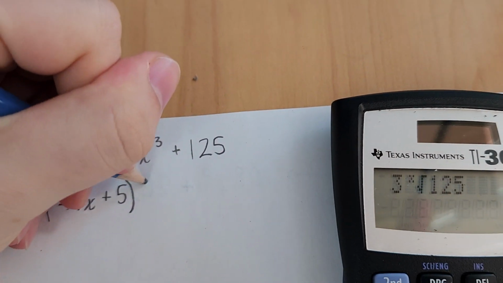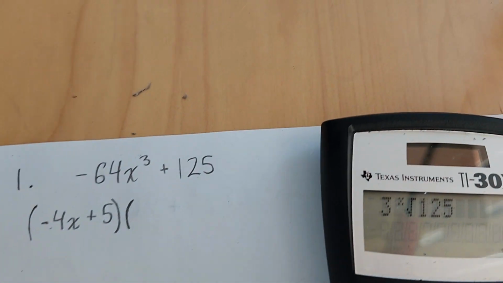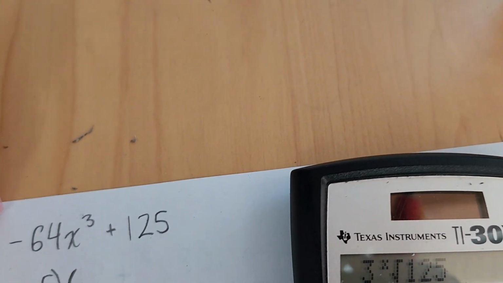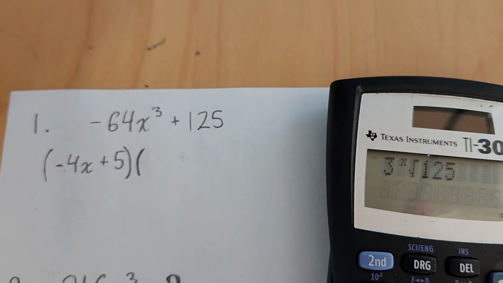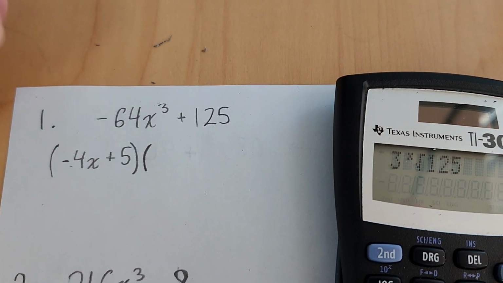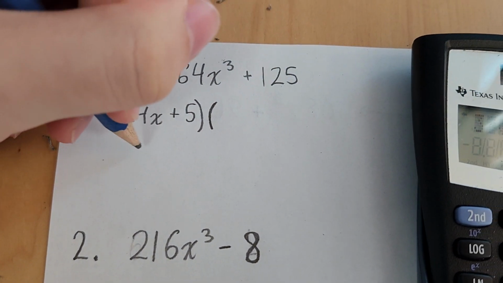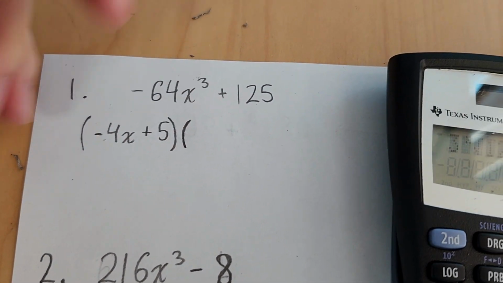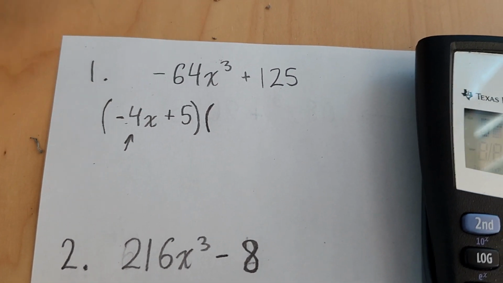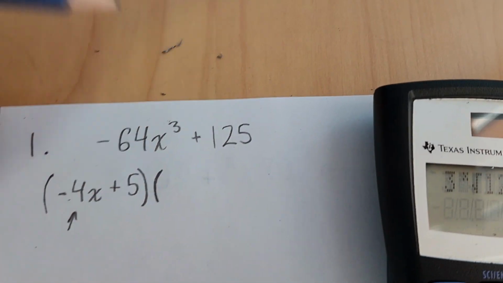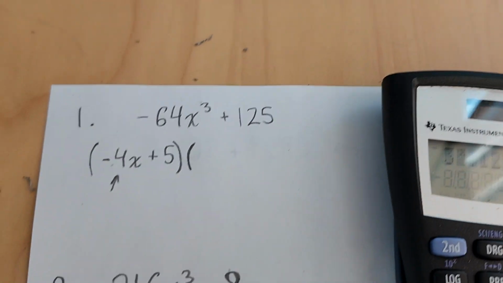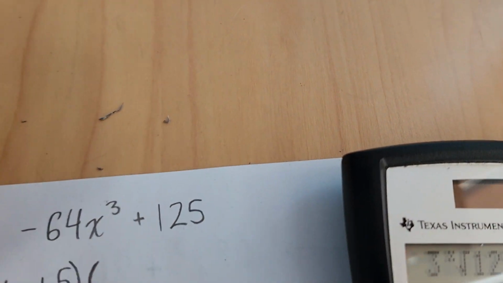Now, if you remember, in our second factor, the first term is always positive, and we always keep the negatives in the first bracket, right? So we keep this negative 4x in this bracket, all right? We don't put like negative 64x x squared, no. We keep the negative in the front bracket.